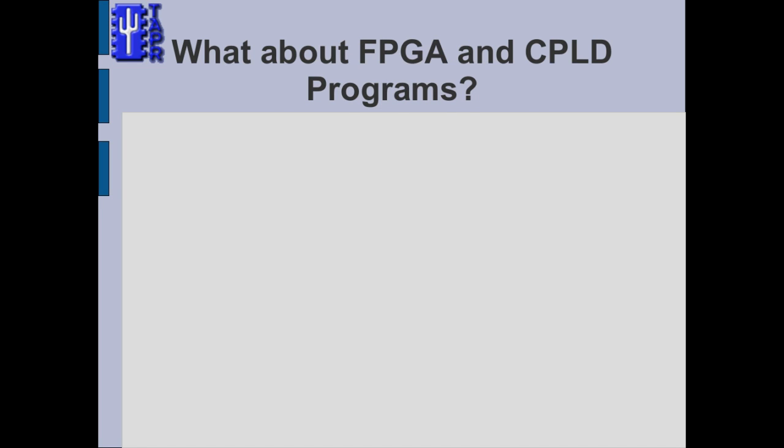I'm also asked very often, and in fact it came up just recently on the CERN OHL mailing list, what about FPGA, CPLD, and other devices that have loadable software or loadable code, because there's some argument about whether it's software or not. Do we need a separate license for those? Can we use the open hardware license model for those?